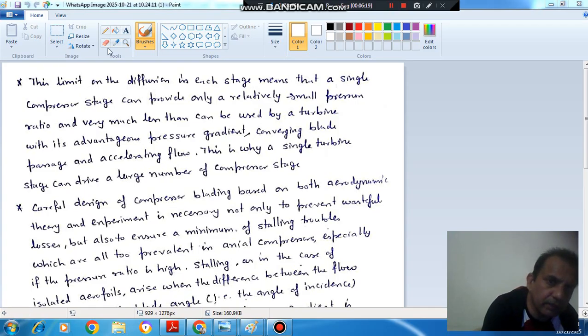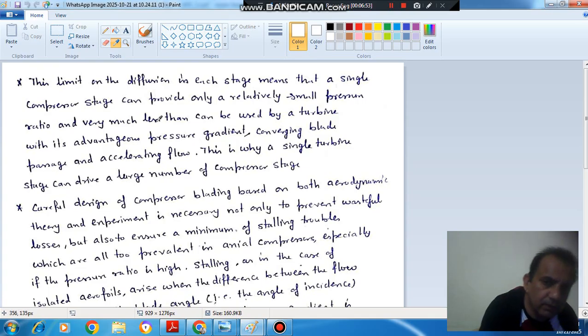Next point is the limit of diffusion in each stage. It means that a single compressor stage can provide only a relatively small pressure ratio, very much less than can be used by a turbine with its advantageous pressure gradient, converging blade passages and accelerating flow. This is why a single-stage turbine can drive a compressor with a large number of stages.